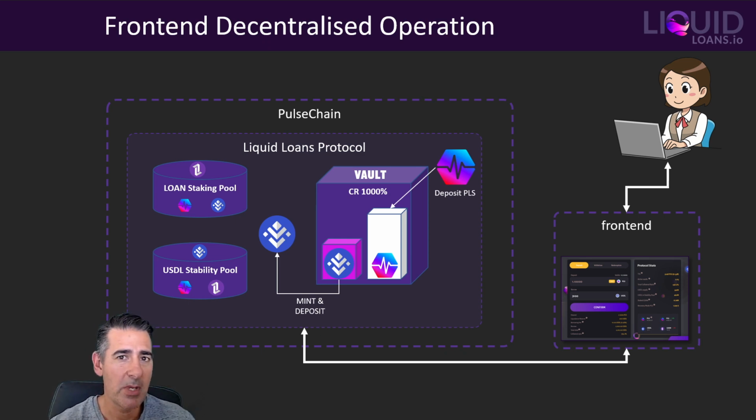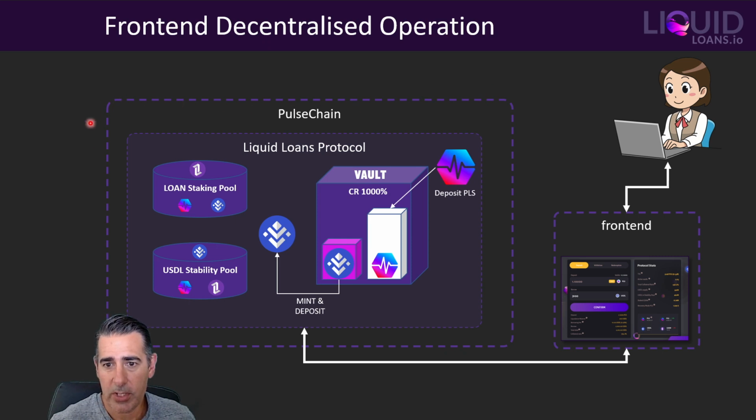But how do we interact with the actual protocol? So much like we'll use go.hex.com to interact with the Hex contract, we need some sort of front end to be able to interact with the Liquid Loans protocol. So how does that look?